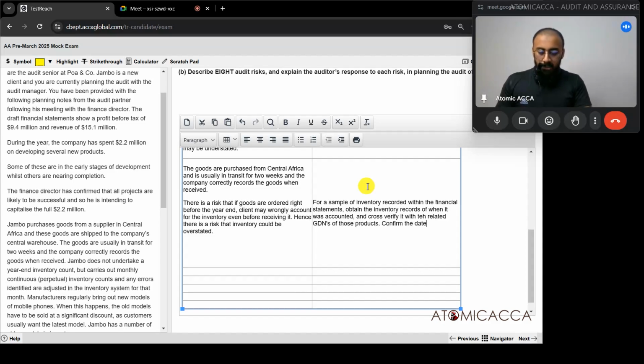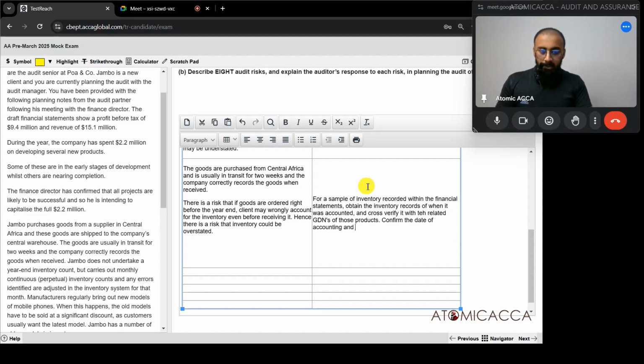Confirm the date of accounting for a sample of inventory recorded within financial statements before and after year end. Obtain the inventory record of when it was accounted and cross verify it with the related GDNs of those products.